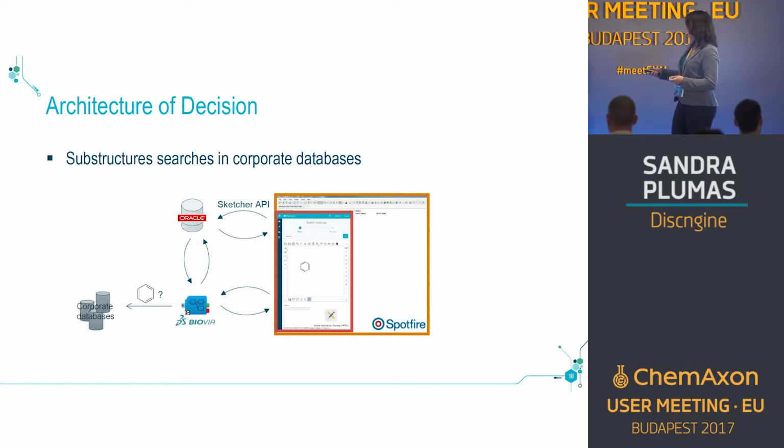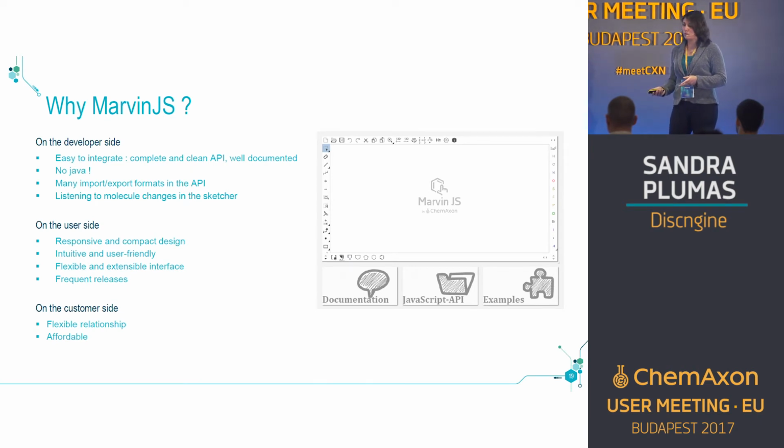So, despite this a little bit complex architecture, Marvin JS was very quickly integrated. We just encountered cross-domain security problems, but it was not specific to Marvin JS.